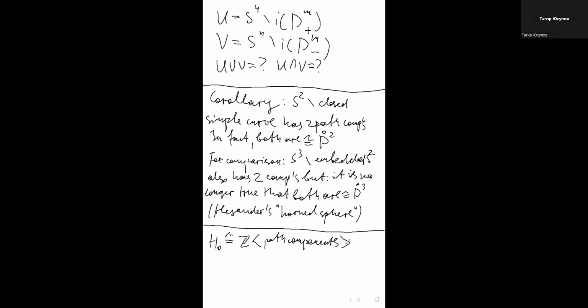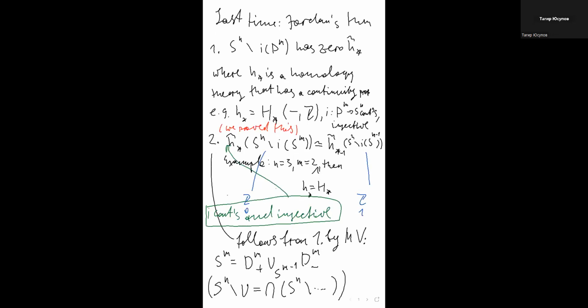If we get degree 0 homology on the left-hand side, then on the right-hand side we will have degree -1 homology. We start with S naught. For S naught, the complement is just a circle, and it has reduced homology in degree 1.